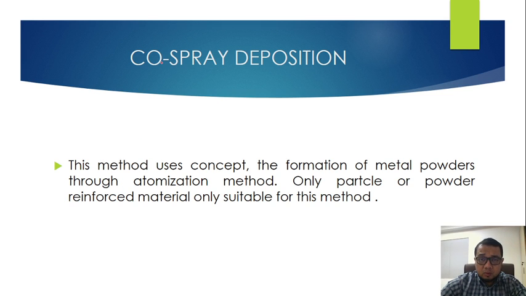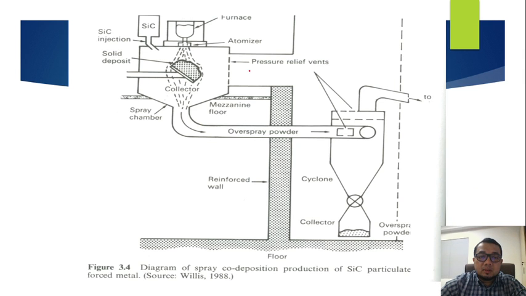So for cold spray deposition, only particles or powder reinforced material are suitable. This is the diagram of spray deposition production of SiC particulate. As I mentioned earlier, the suitable material that can be used is particulate or powder.